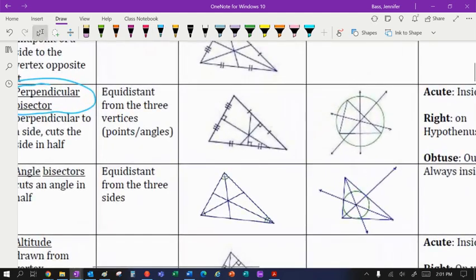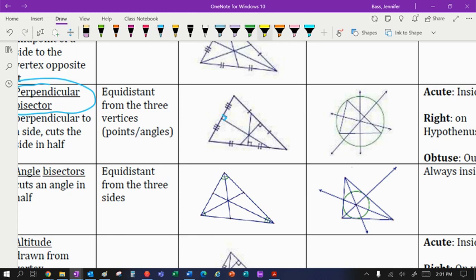As you can see from this first picture, each of these segments bisects a side of the triangle and is perpendicular to that side of the triangle.